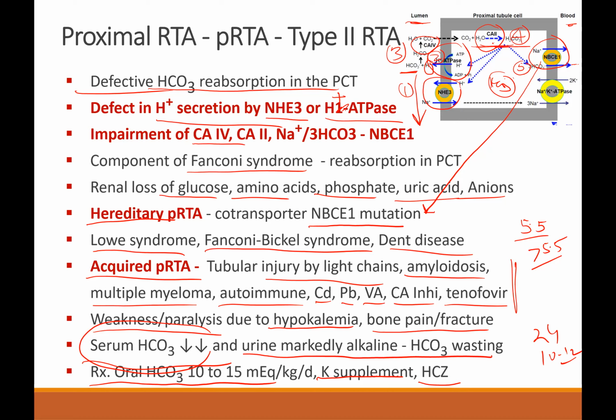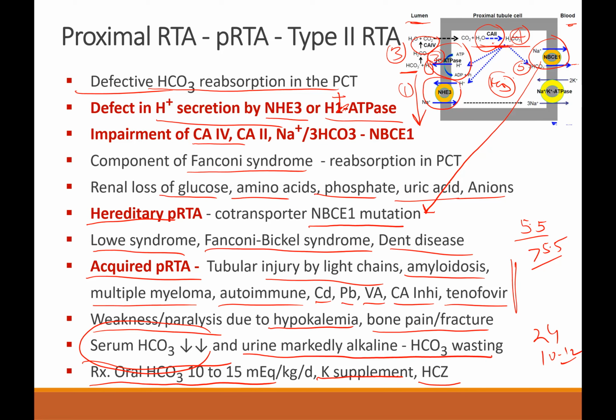Number 2, H plus ATPase. Number 3, carbonic anhydrase 4. Number 4, carbonic anhydrase 2 in the cytosol. These are all related to hydrogen ion, whereas there is another mechanism of absorption of bicarbonate, which is by the NBCE1, sodium bicarbonate exchanger 1, which is a symporter. Any one or more of the mechanisms may be at fault.